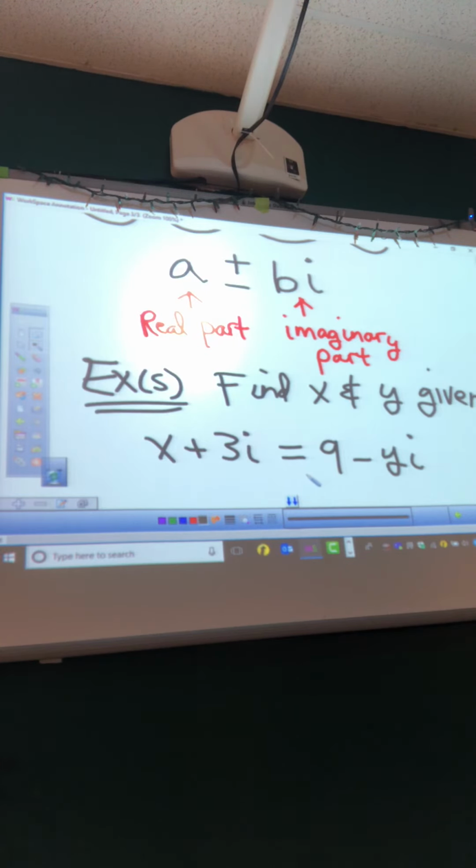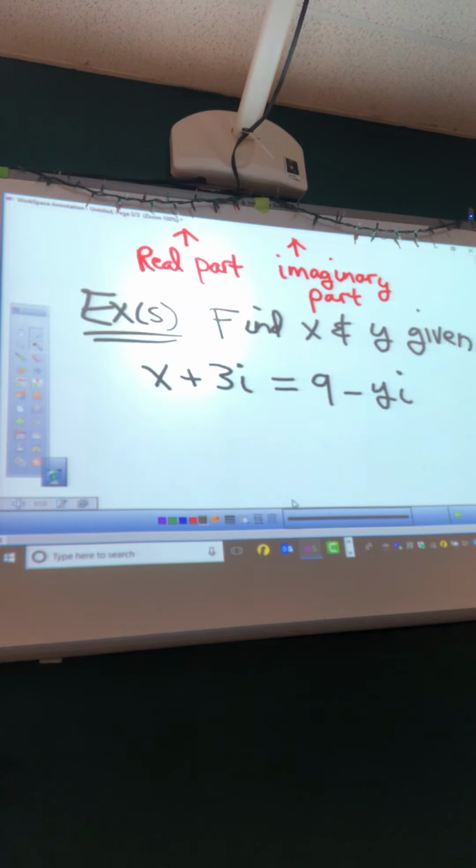saying take the real and set the real equal to real. So you're going to look and say, okay, what's my real part? And I'm going to set it equal to the other real part. Well, over here it's easier to see the real part. Which one's the real part over here? What's real? Which one doesn't have the i with it? The 9.